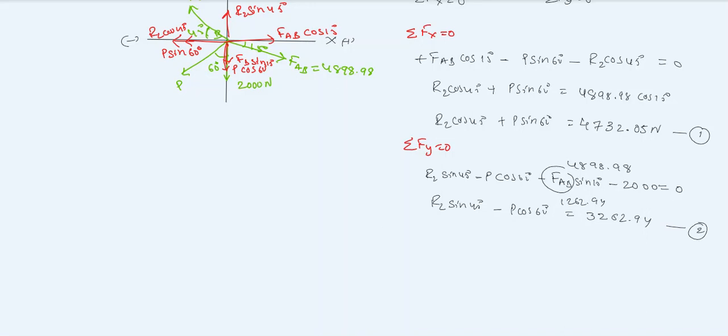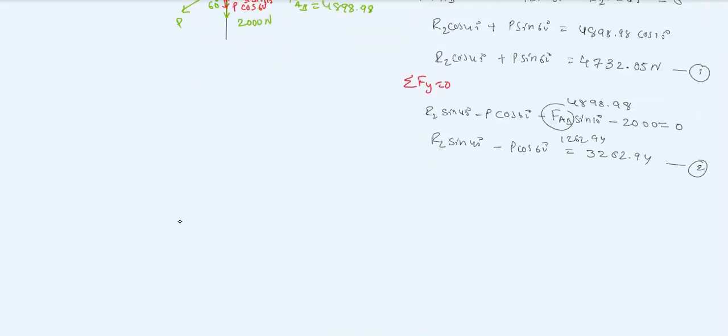Now solve equations 1 and 2. Equation 1: R2 cos 45 plus P sin 60 is equal to 4732.05.